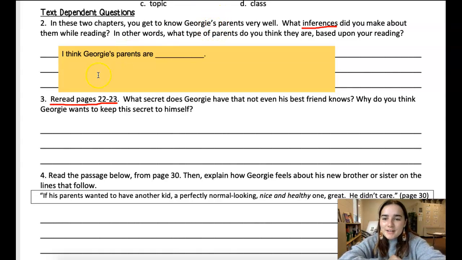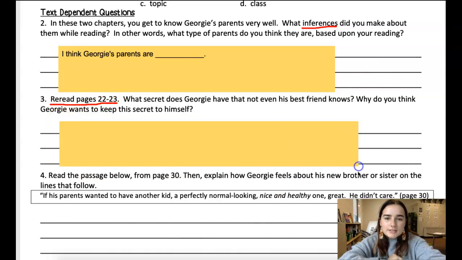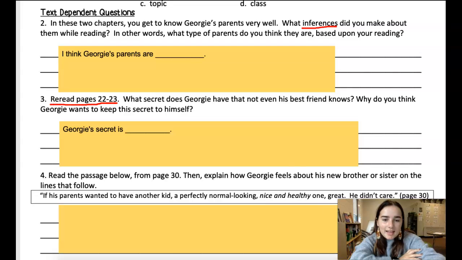For number 3, you could say, "Georgie's secret is blank." And for number 4, we could say, "I think Georgie really feels blank." How do you think he actually feels?